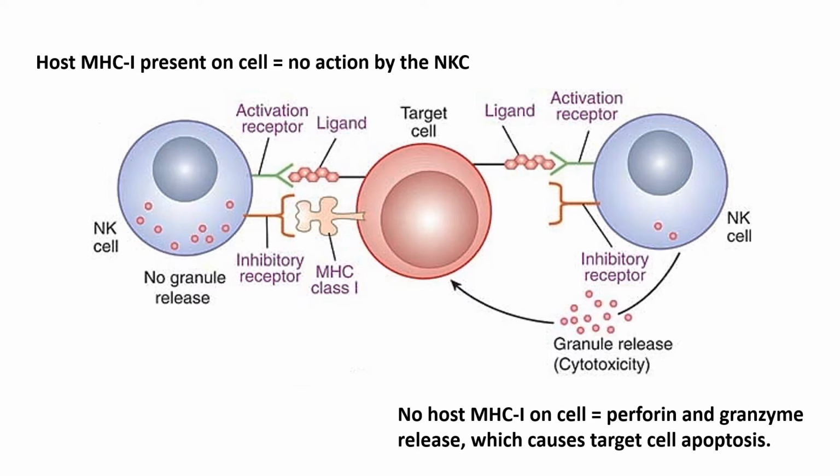When it degranulates, it releases its perforins and granzymes, and that pink target cell there will then die. It will go into apoptosis, cell death. Of course, if it's an infected cell, any pathogen within it will also be contained and will be killed.